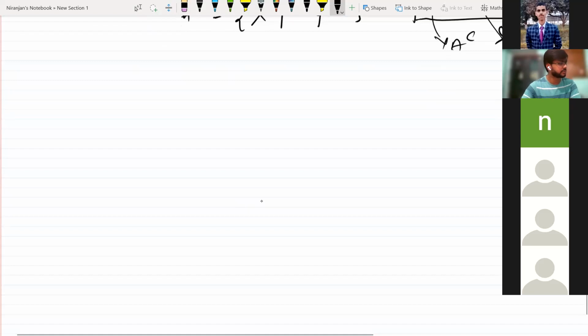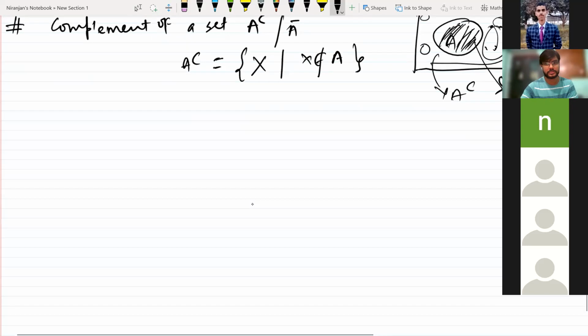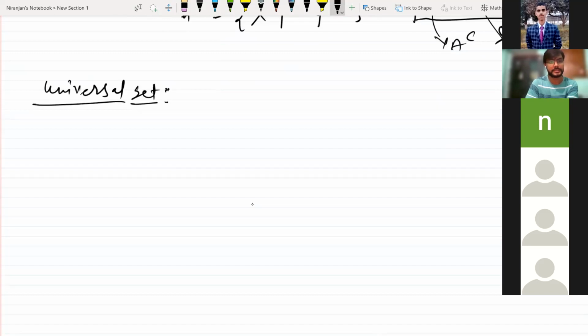Let's talk about the universal set. Can anyone define the universal set? Let's get into technicalities a little bit. What do you think the universal set is? Anyone?